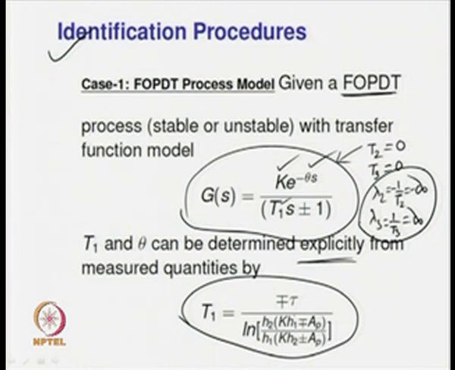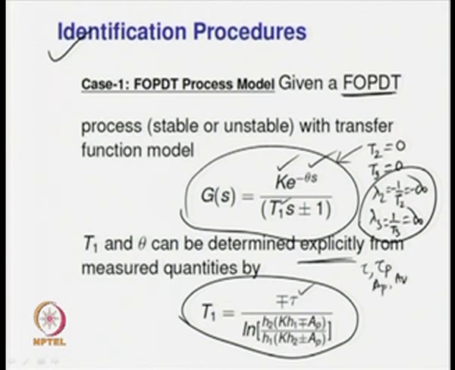Now, look at the variables on the right side of this expression. Tau is measured from the output of the relay test, the sustained oscillatory output. From the sustained oscillatory output, we make measurements like tau, tau p, AP and AV.